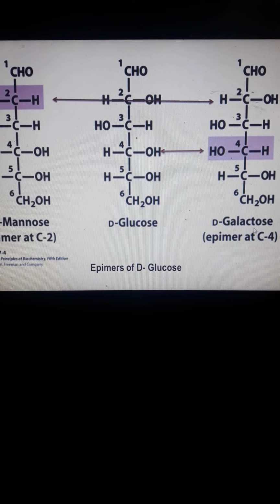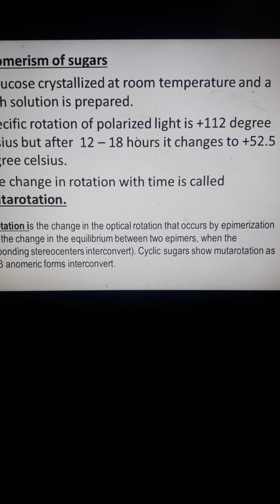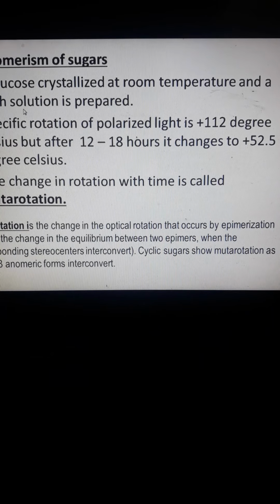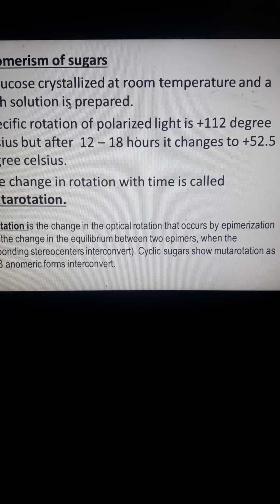At the same time, this one is the galactose. So in familiarizing with the structures, try to look at the epimers or the isomerism of each monosaccharide structure.